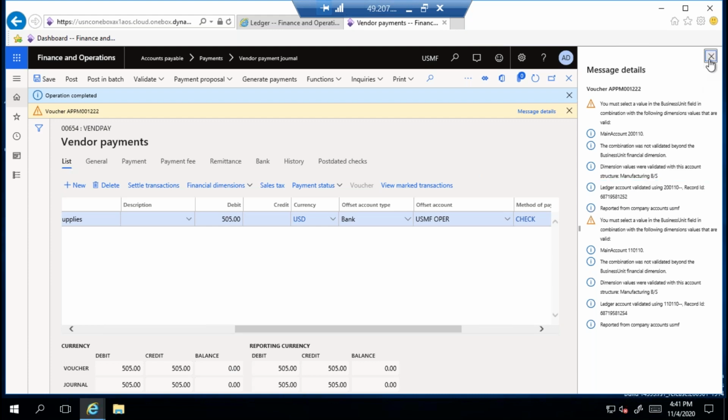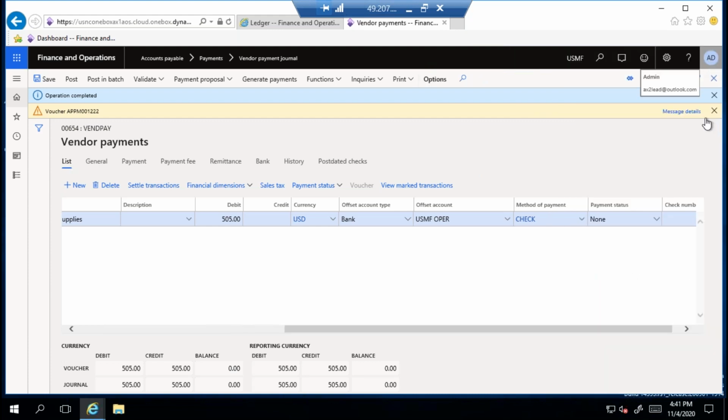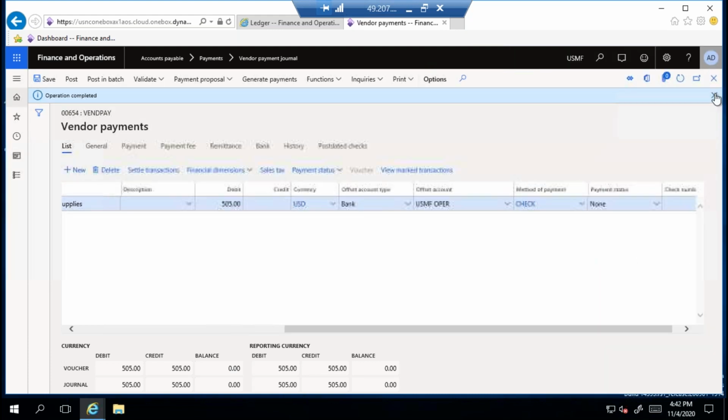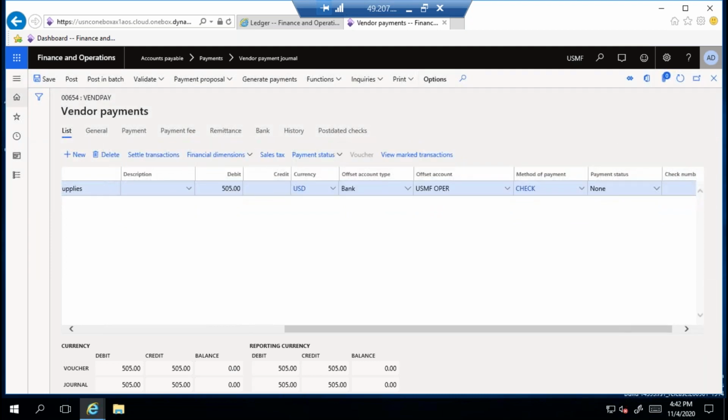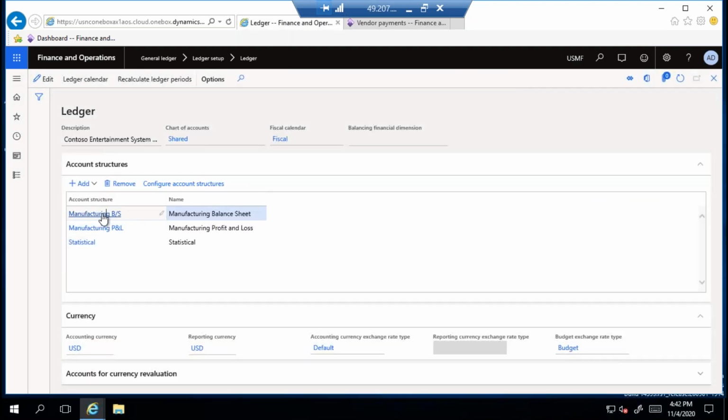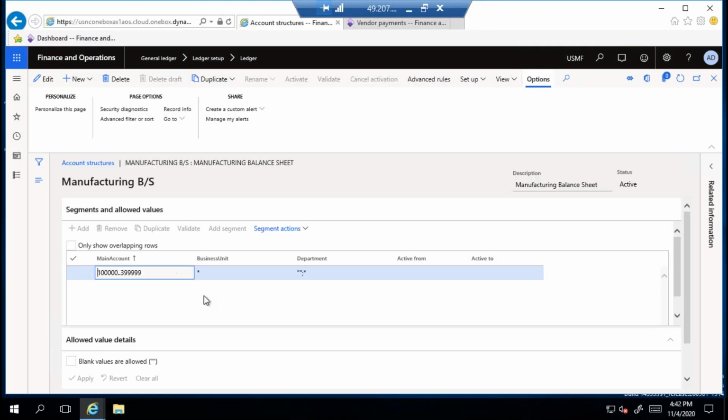Understood? So without those dimensions, the system will not allow it, because in the ledger form, in this accounting structure, you need to map. Here we made business unit mandatory.